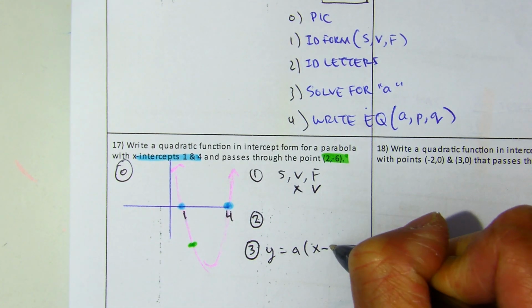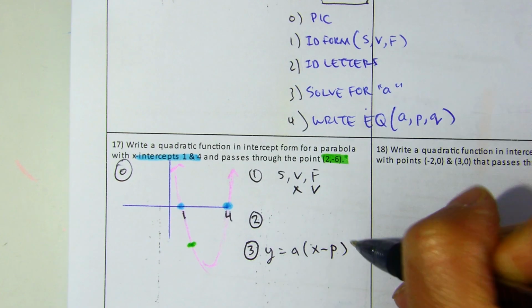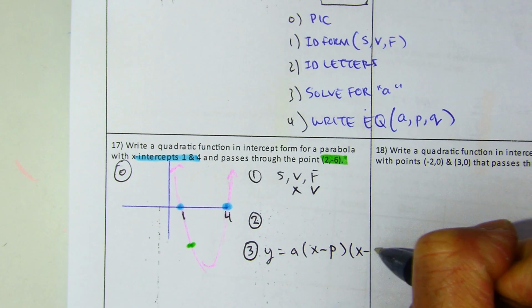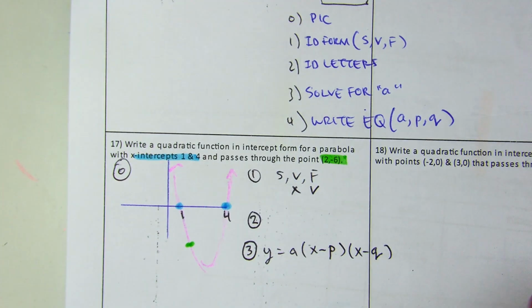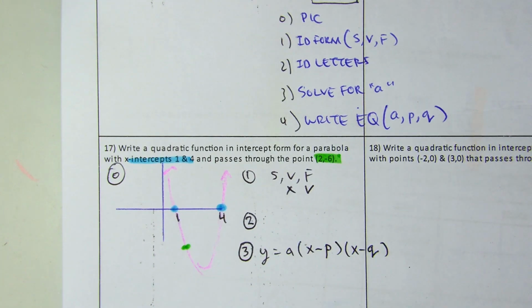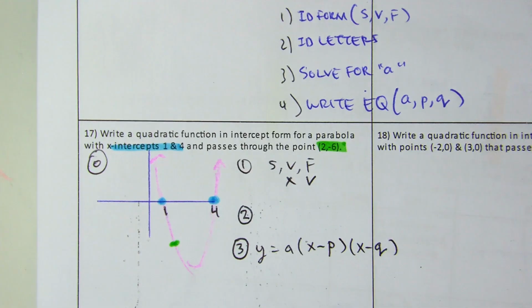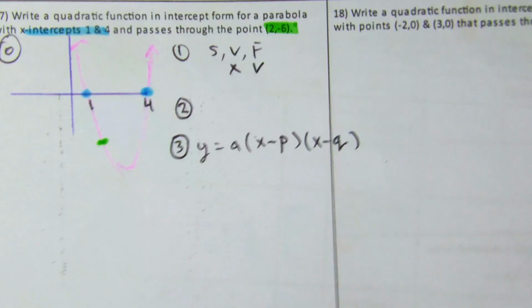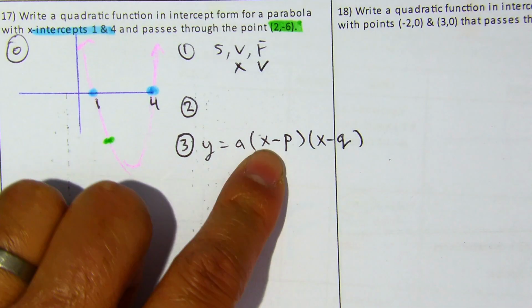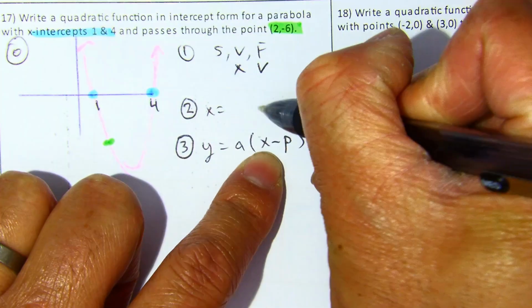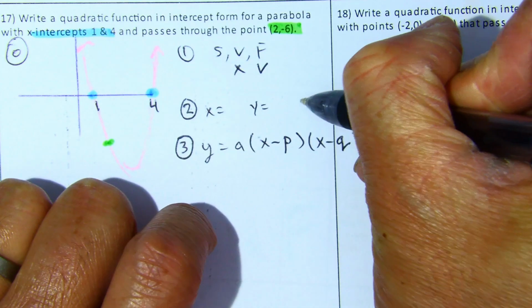P. Okay, so that is factored form. We've been factoring in this class quite a bit. And those are the letters we're going to have to find. So just like yesterday, X and Y. But this will be new to you, P and Q. Okay?